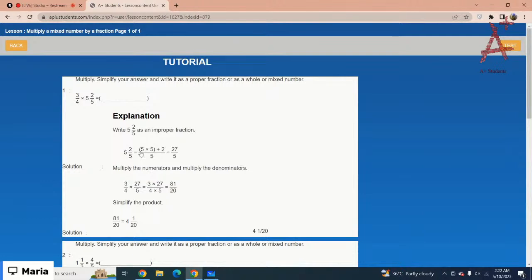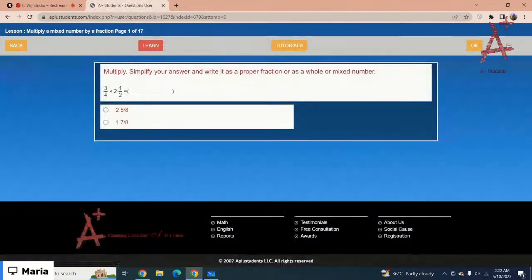Got it? Let's just start with the test questions. Okay, the first one is 3 over 4 times 2 whole 1 over 2.